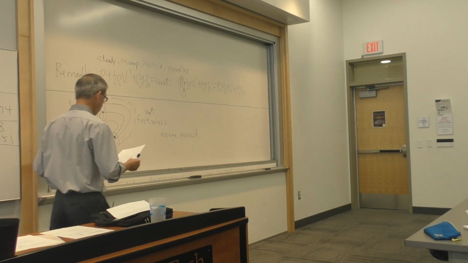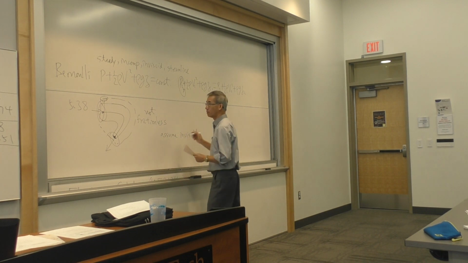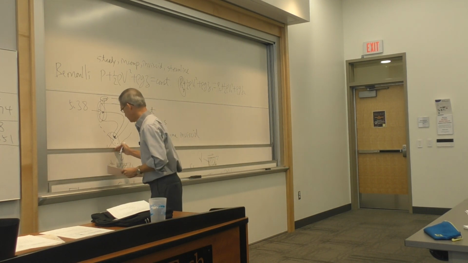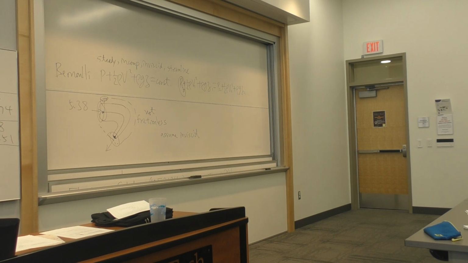So the homework for next time that has to do with Bernoulli is problem 345, which is something you see in your backyard sometimes: a garden hose shooting a water jet.